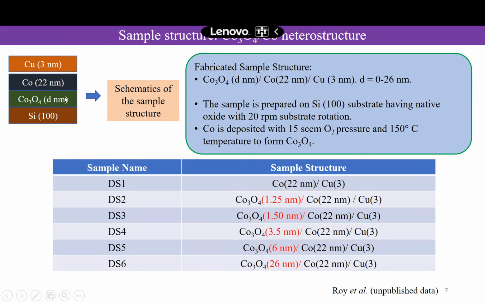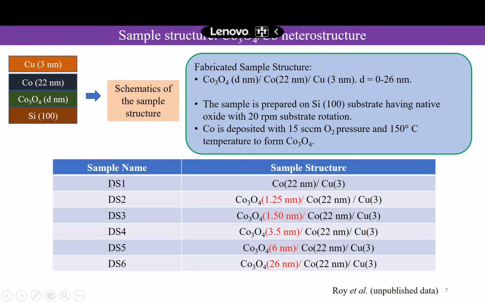The Co3O4 has been deposited via the sputtering method, where we deposited cobalt with argon pressure, at 150 degrees Celsius. And the nomenclature of the sample is shown here.